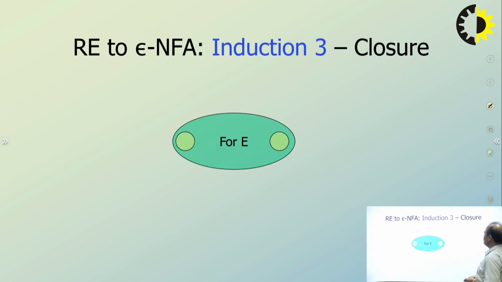Next one is star closure, which is very easy. Suppose in star closure, this is your machine Q1, and this is the final state of the first one, and this is your finite automata. This is the starting state, this is the final state. What will happen?